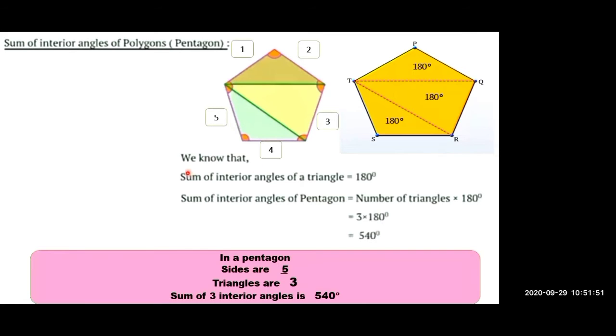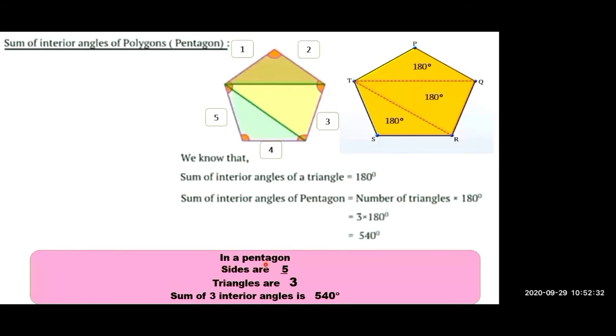Okay, so now we know that sum of interior angles of a triangle equals to 180 degrees. Sum of interior angles of pentagon equals to number of triangles into 180 degrees. Here number of triangles are 3 in pentagon. So 3 into 180 degrees equals to 540 degrees.